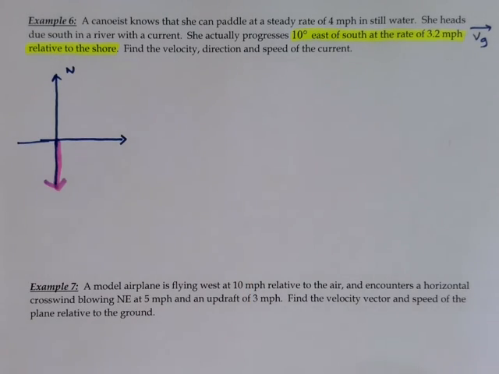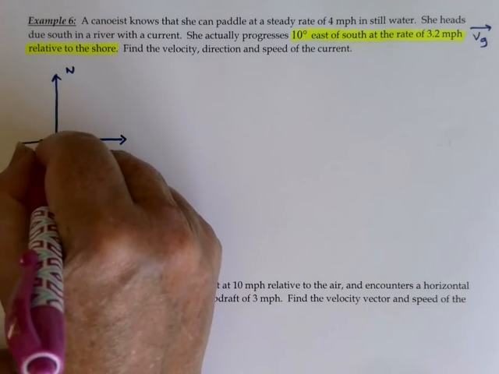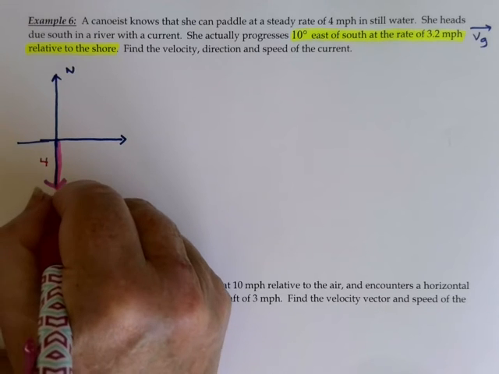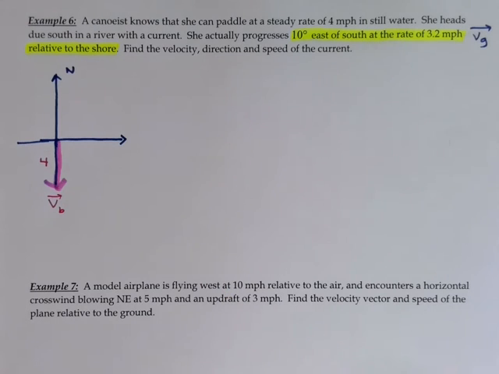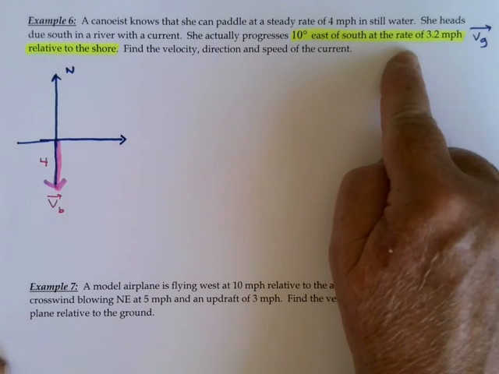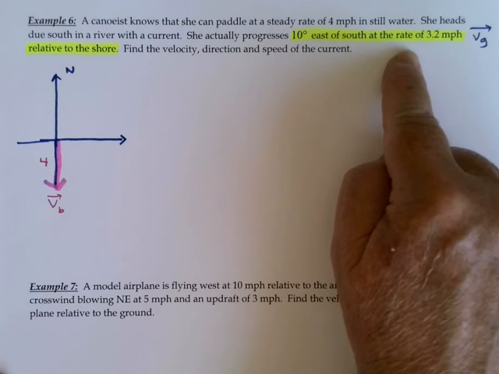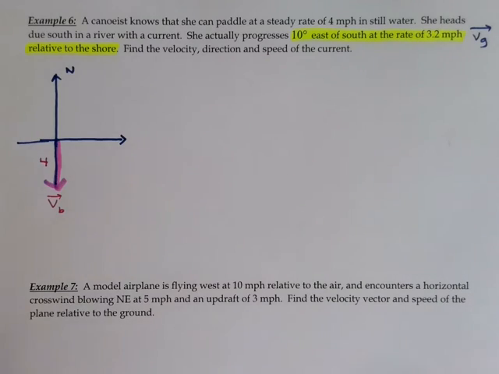So magnitude of 4 here. And I'm going to call that VB for the boat so that I can still use VC for the current. VG is 10 degrees east of south at a rate of 3.2 miles per hour.